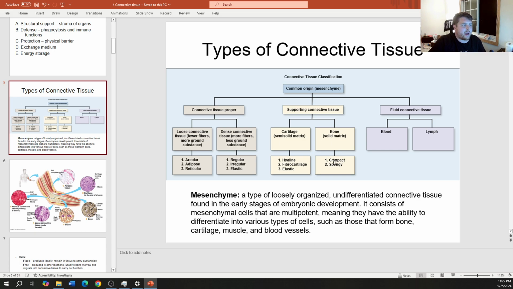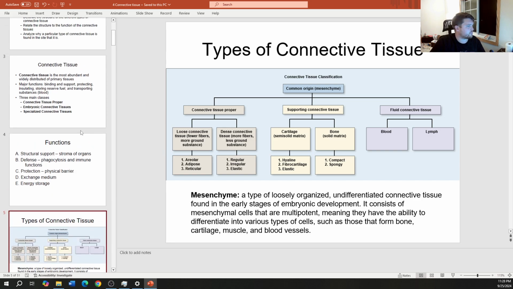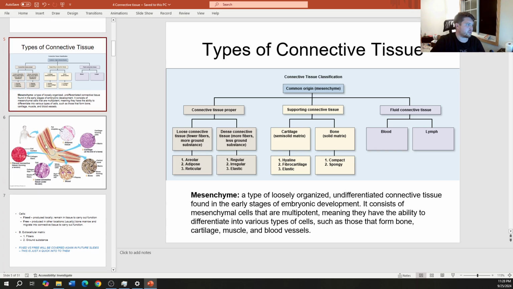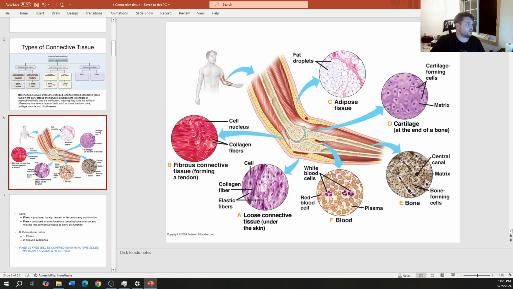Bone, we have compact bone, or we have spongy bone. And then fluid connective tissue, we have blood and we have lymph. So this gives us a lot of our basics as far as answering questions goes, okay? Then we'll look and understand what each of those chunks are.